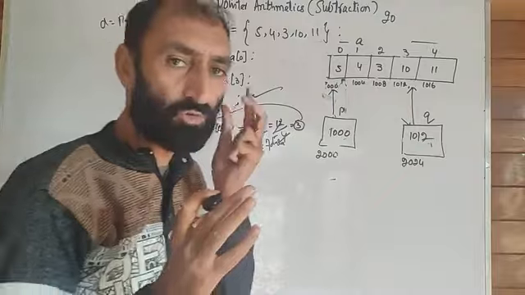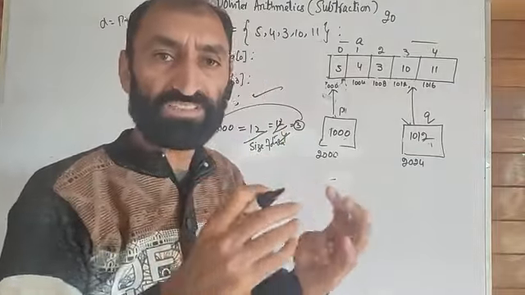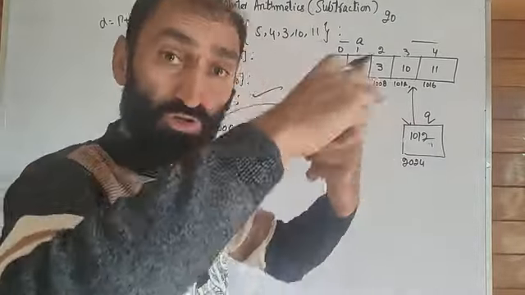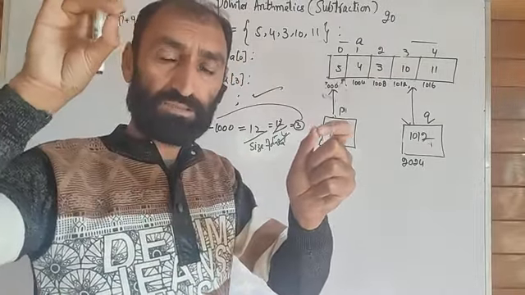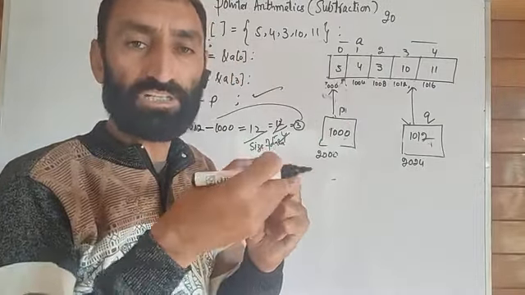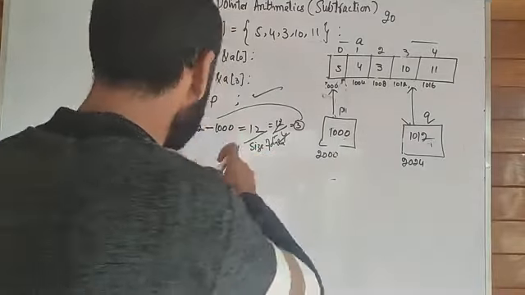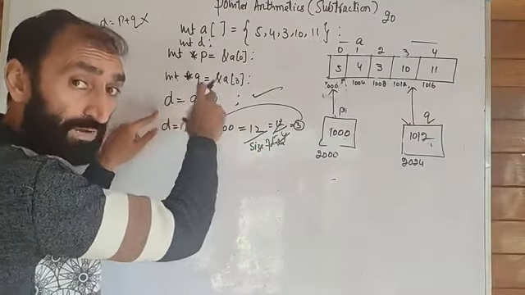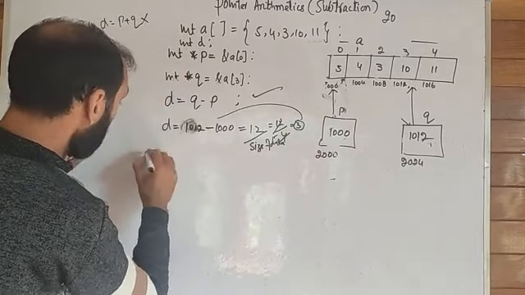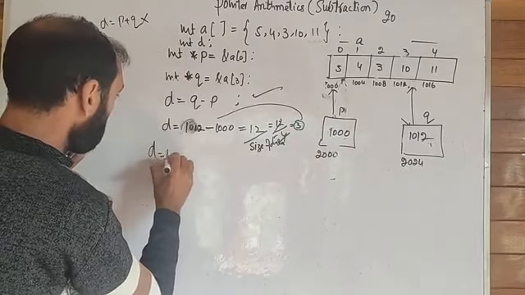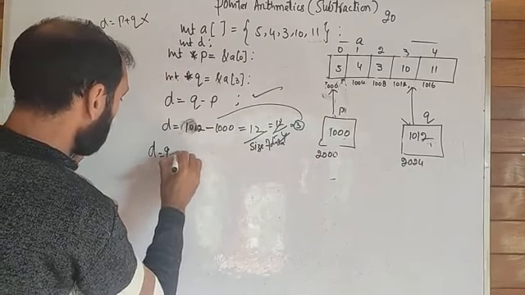When we add integers to a pointer variable, the result is an address, but in case of subtraction of two pointer variables, the result is an integer. So D equal to Q minus P.